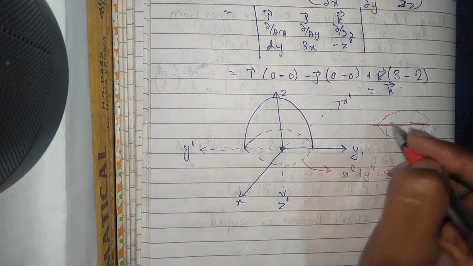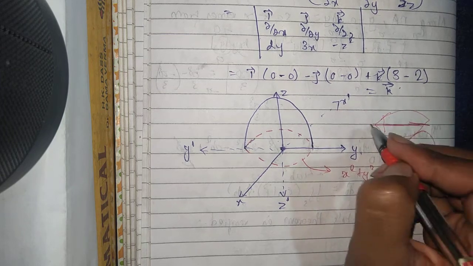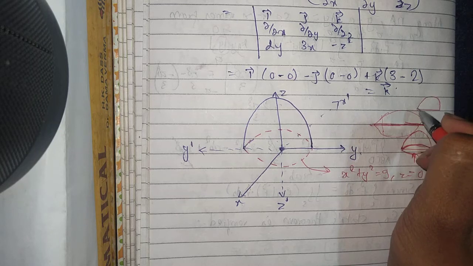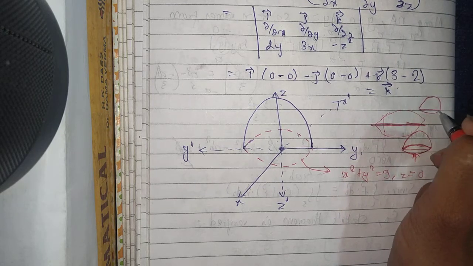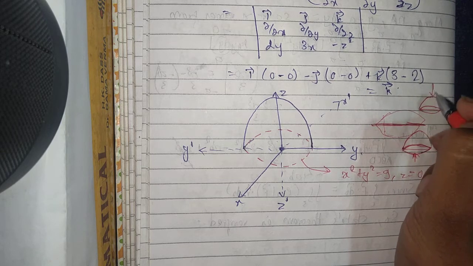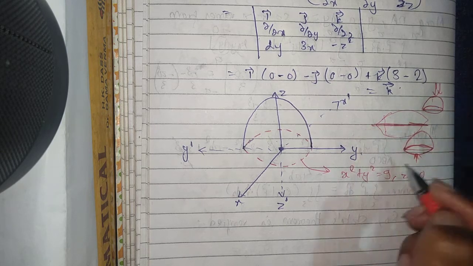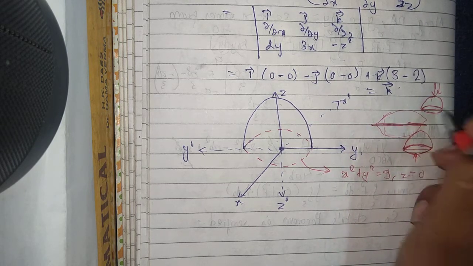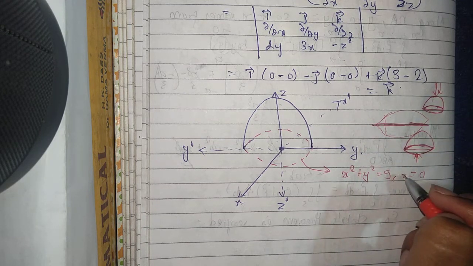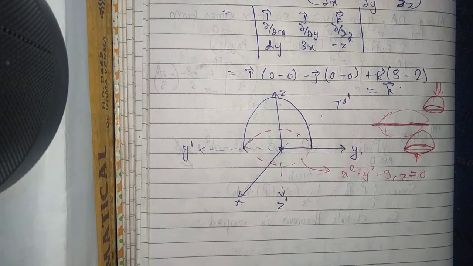When we cut a lemon from the middle, we will see the upper half part of the sphere like this, and in the base part we will see a circle. It means if we project this lemon, then it gets reduced to a circle in the xy plane. So we have z equals 0.